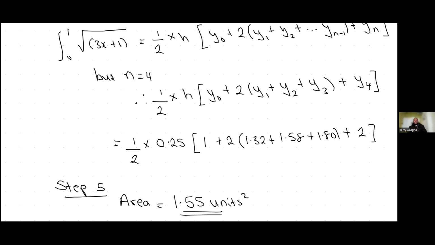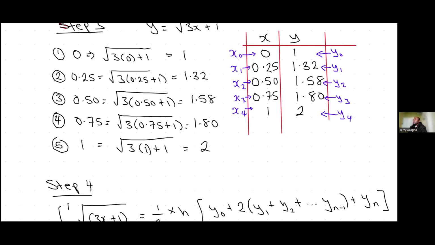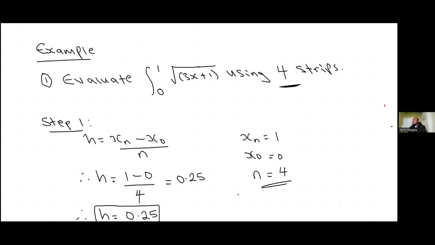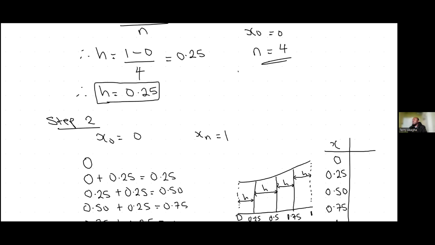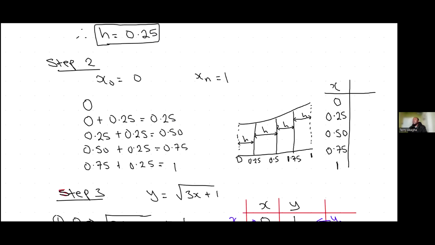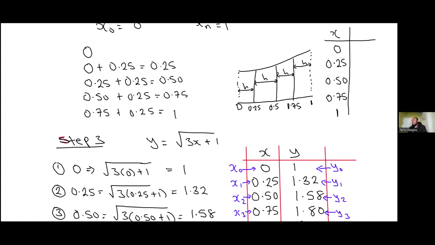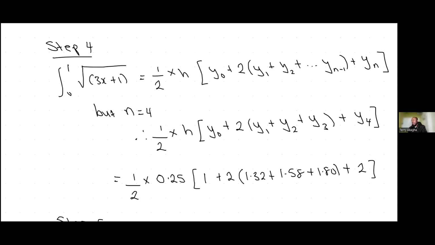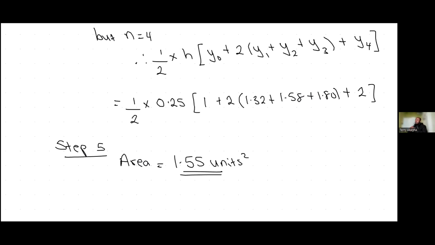That's how you find the area using the trapezium rule, okay? So basically, the first step is you find the h. When you find the h, you find all the x values using the h, between the upper limit and the lower limit. There you get the corresponding values for the y's. You will now use the formula, and you get the answer to be the area.